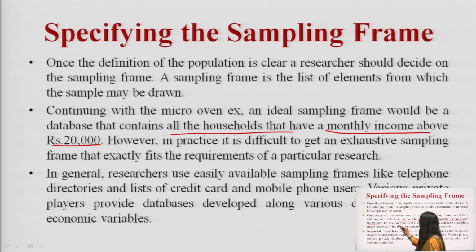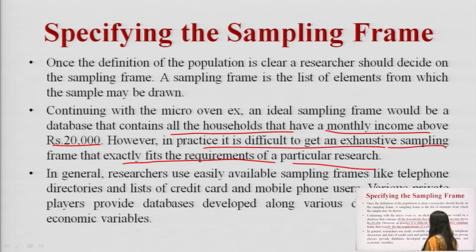However, in practice it is difficult to get an exhaustive sampling frame that exactly fits the requirement of the particular research. In general, researchers use an easily available sampling frame. Previously, for example, people used the telephone directory, but at present most people use social media platforms.